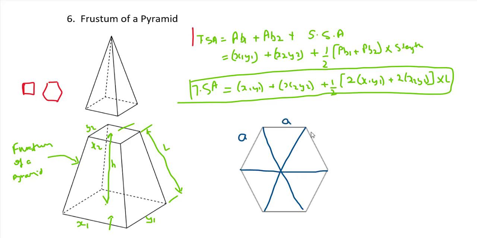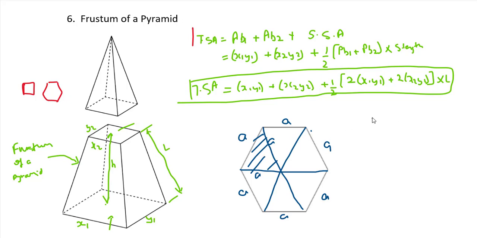Okay, so this is a regular hexagon. All the sides are of equal length. So for finding the area of this regular hexagon, it consists of 6 equilateral triangles of side A. This will also be A, this will also be A. I have explained this concept in detail in our video on geometry. You can watch that also.